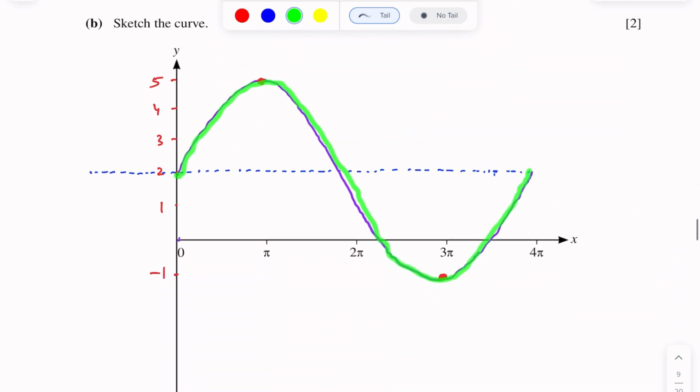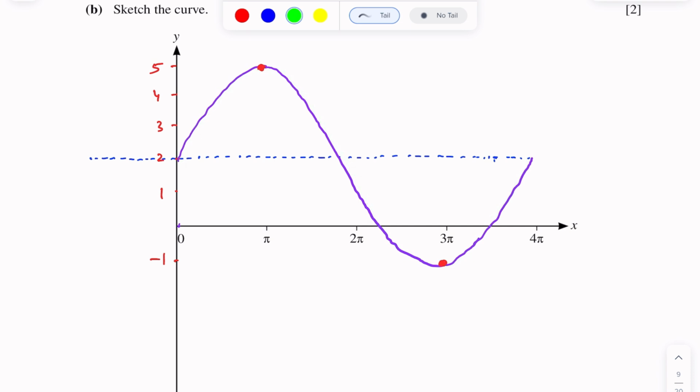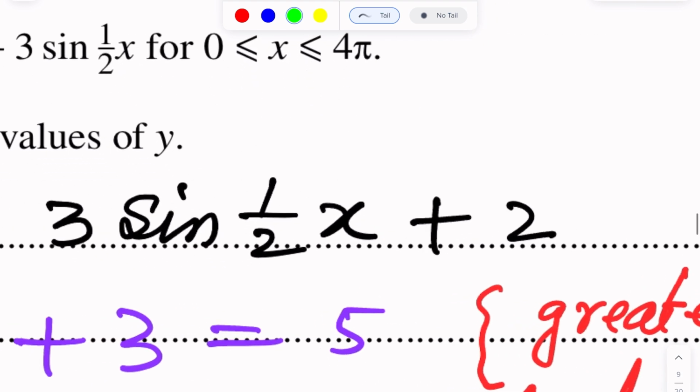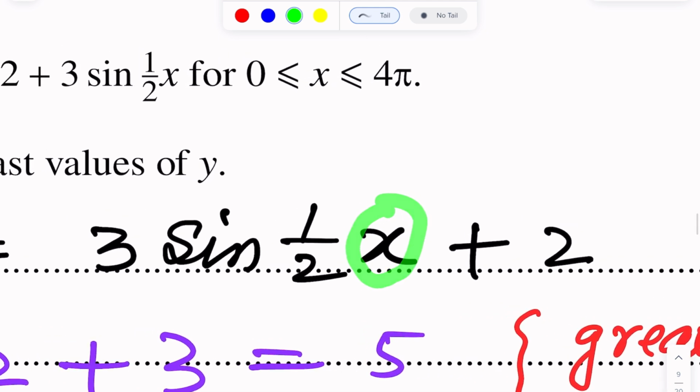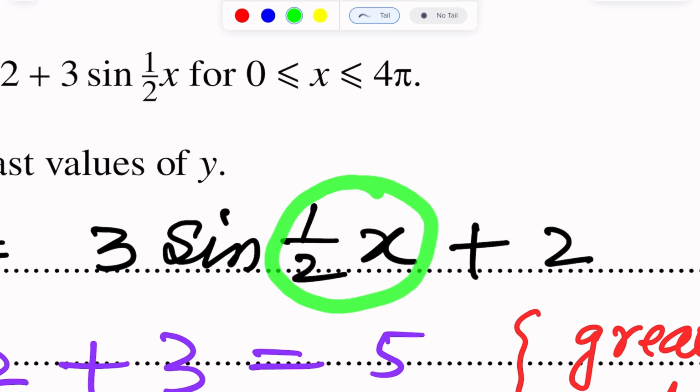Here we have to mention some important features of the graph. The value at pi is clearly 5. If we put pi in the original equation, this becomes 3 sine 1 over 2 pi, which means pi by 2.